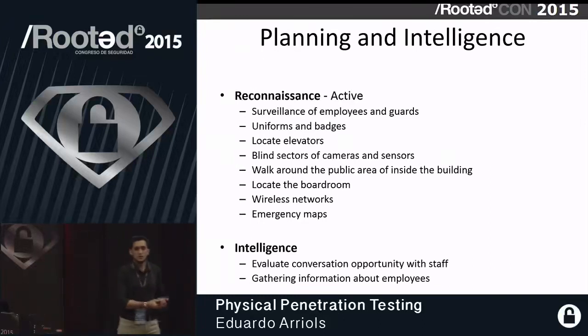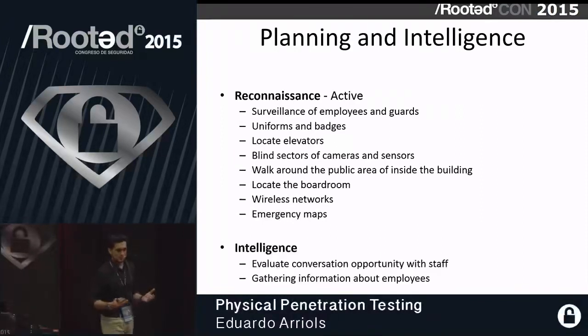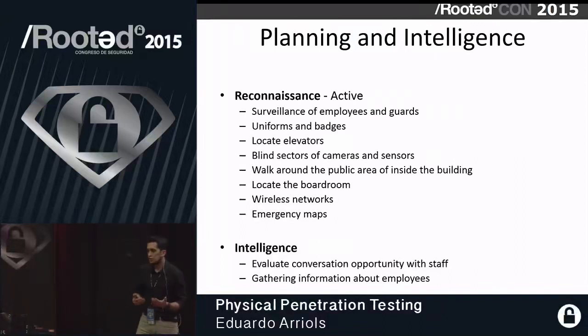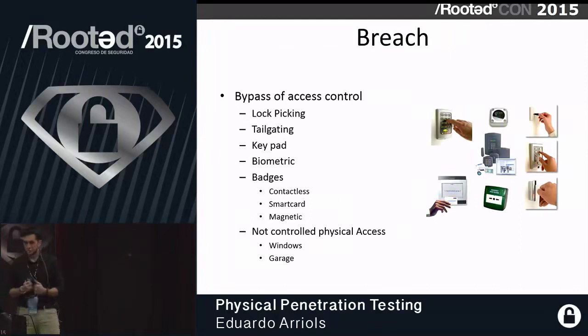Then active reconnaissance, you walk into the building, where are the lifts, surveillance of employees and guards when they change shift, very clear as to the uniforms and the badges, and very many other things. Then in the intelligence part, you try to talk to people, gather information, do some social engineering.